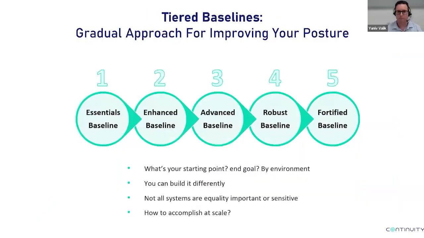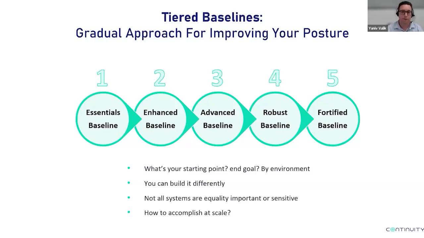All right. Now, we went through these baselines, and I want you to remember, this is just an example of a tiered baseline. Every organization is different and may have different risk tolerance. Your end state could be fortified, but it could also be advanced. The advanced may be the baseline that fits your environment today.